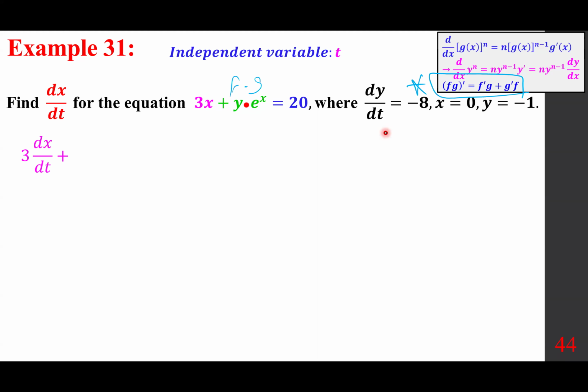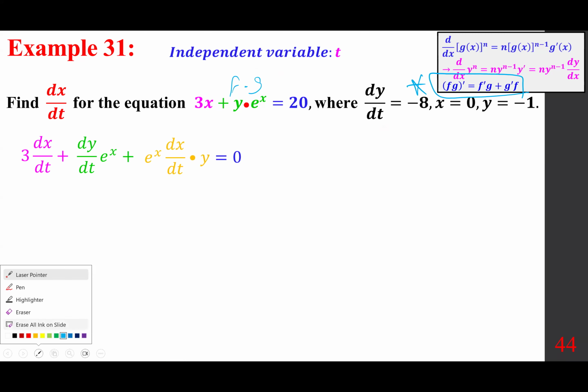If you use y prime it is okay, as long as you remember t is the independent variable. So dy/dt times e to the power of x plus, now e to the power of x, the derivative is itself, and times dx/dt. So e to the power of x dx/dt times y. And of course, any number gives you 0.